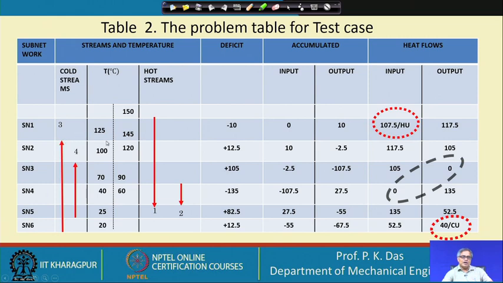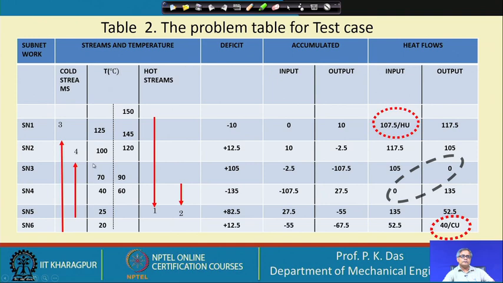If the heat transfer is very efficient, here the hot stream temperature should be at least 20 degree Celsius higher than 125 degree Celsius, because 20 degree Celsius is the pinch temperature for this particular problem. So, here we have written 145, we do not know this temperature.